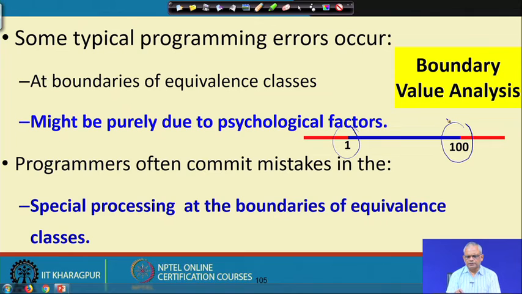For example, here whether one is included as in the valid or invalid, they might not have taken care of that sufficiently well, and therefore, mistakes may occur here at the boundaries, and therefore, we must include the data values at the boundary as test cases, and those are called the boundary value test cases.